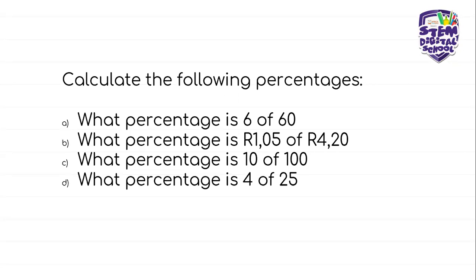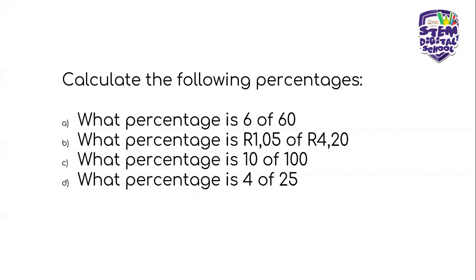Right, I see Cesar says it will be 10%, and I fully agree with you, Cesar. 10% will be the correct answer there, because if you divide 6 by 60, you should be able to see that this becomes 1 over 10.